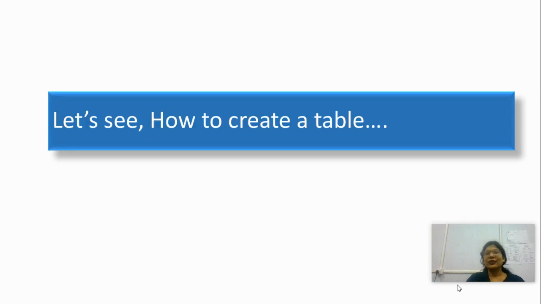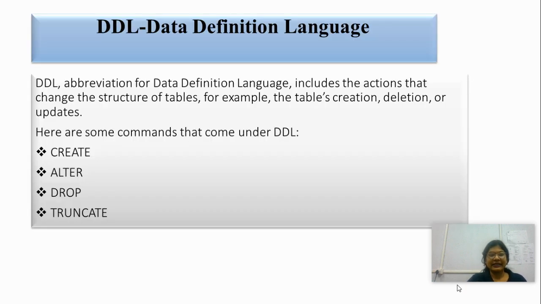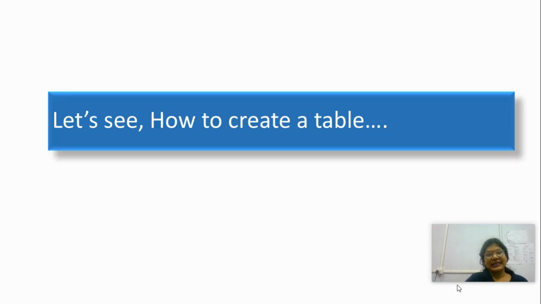So let's see how to create a table. Whatever we have discussed here, create, alter, drop, truncate, we will do once we do hands-on programs in our practical. For now, we will see only the syntax. Let's go.